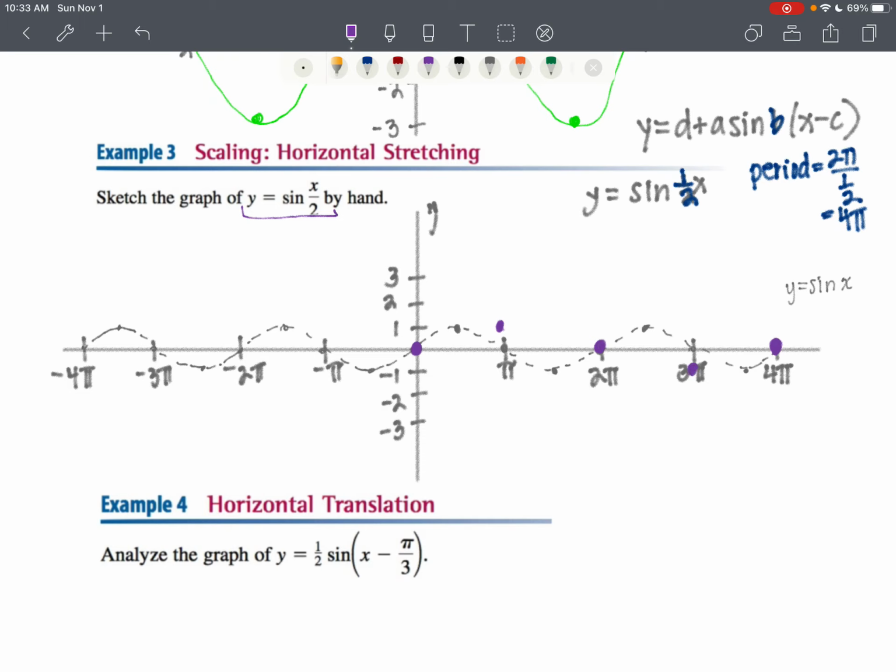Same thing to the left. Starts at the midline. 4 pi later ends at the midline. Halfway between at the midline. And then this time, it's going to go to a minimum when x is -pi and a maximum when x is -3 pi.